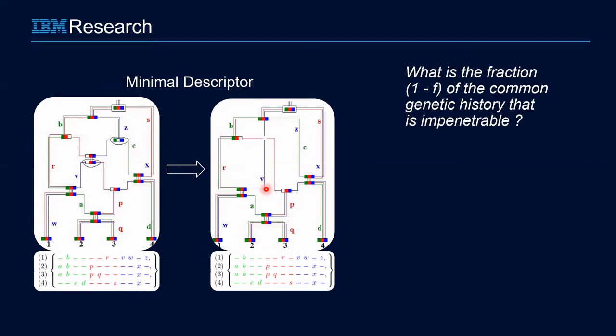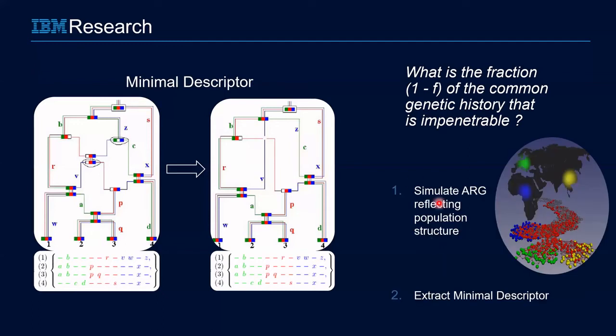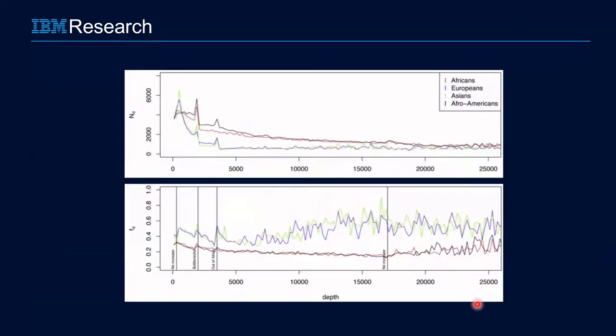So now we have the ingredients to answer the question that I had posed before. The first one is that I can simulate the ARG and then extract the minimal descriptor and compare the sizes. For this, we turn to the community to provide us simulators for populations, because we didn't want to influence that with our own simulators.